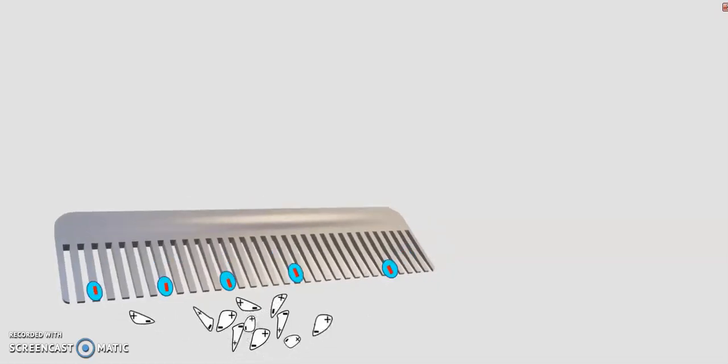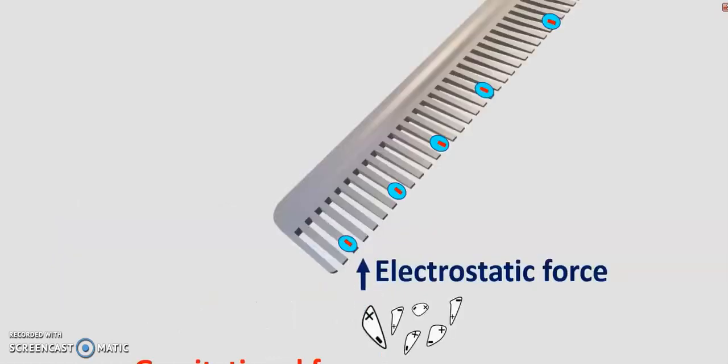So here, gravitational force cannot be neglected as it acts in the downward direction. When the electrostatic force is higher than the gravitational force, the bits of paper move up towards the comb.